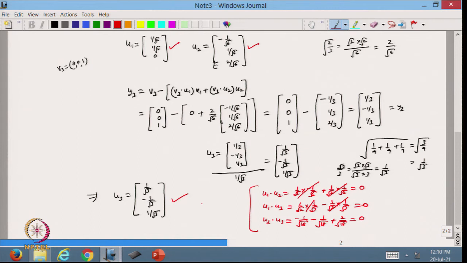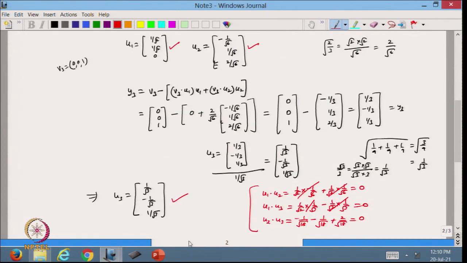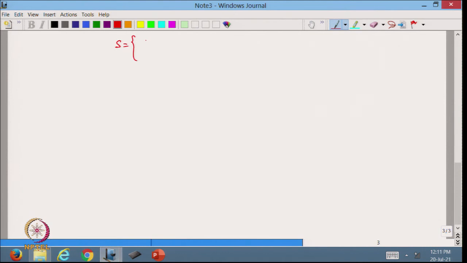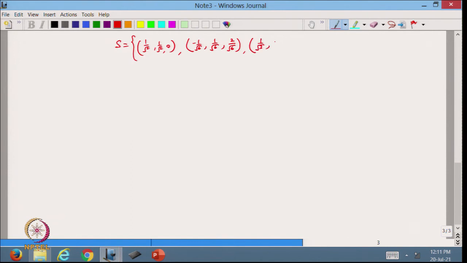So, from here we can say that now the set, I represent by 1 by root 2, 1 by root 2, 0, and then minus 1 by root 6, 1 by root 6, 2 by root 6, and the third one is 1 by root 3, minus 1 by root 3 and 1 by root 3.